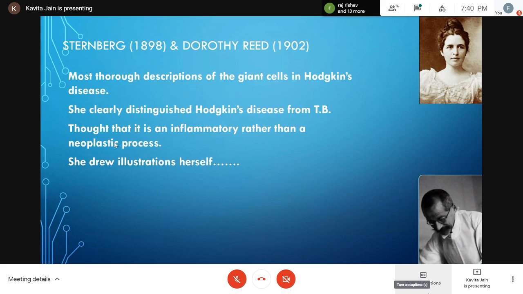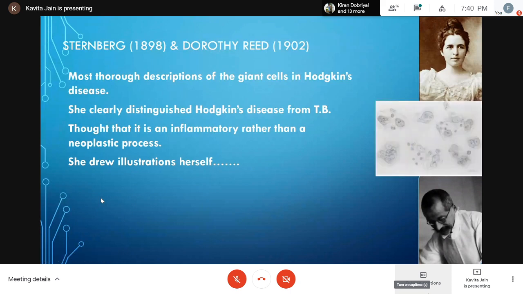Still, she thought that it was an inflammatory rather than a neoplastic process, and that is the reason they called it Hodgkin's disease and not lymphoma. She also drew the illustrations herself by looking under the microscope, and see how accurate they were. So the Reed-Sternberg cells we got from here, and the eponym survives to the present.